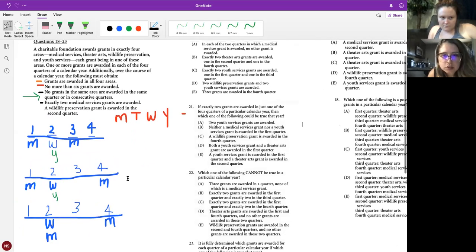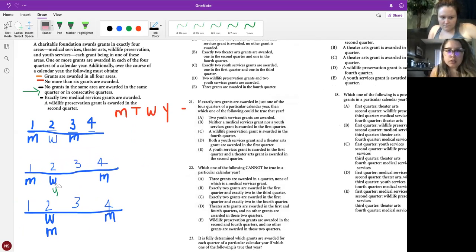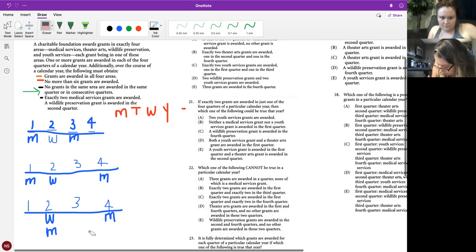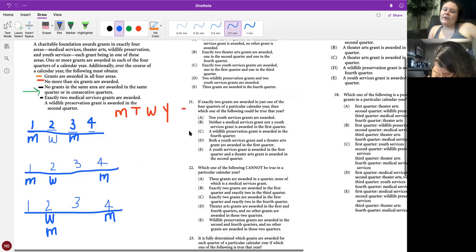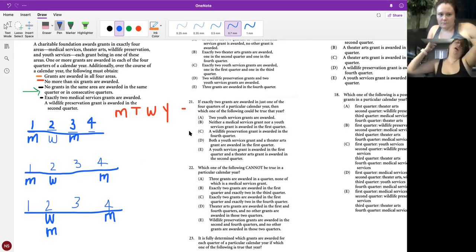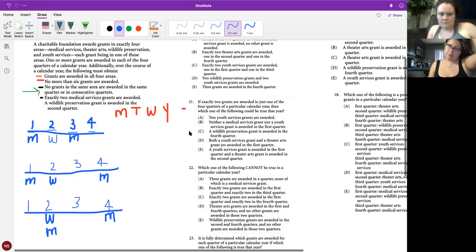Okay, so if exactly 2 grants are awarded in just one of them. 1, 2, 3, 4. So how many grants are there going to be total then? 1, 2, 5. Yep. Excellent.